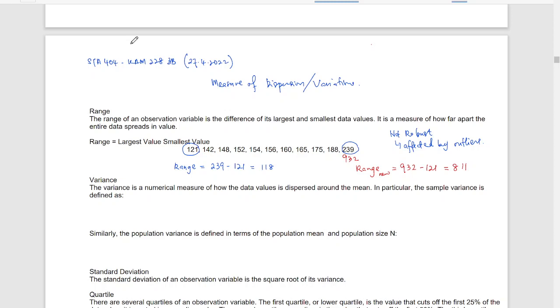Okay, so when we say less dispersed or more consistent, that means the values are close to one another. Okay, dia punya serakan tu adalah tidak jauh daripada antara satu sama lain. So the distance between one variable and the other is not so large compared to the one with the higher value of range. Macam ni.